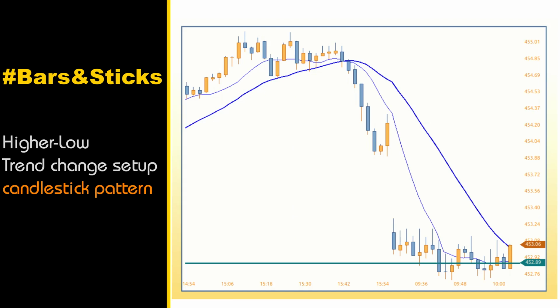Now this is looking like a strong bar. But it still looks like it's struggling, and it is below this moving average. It's staying below it.